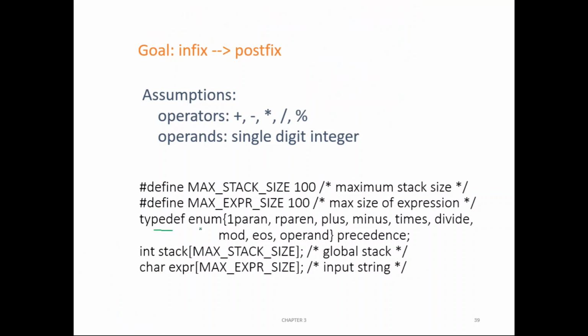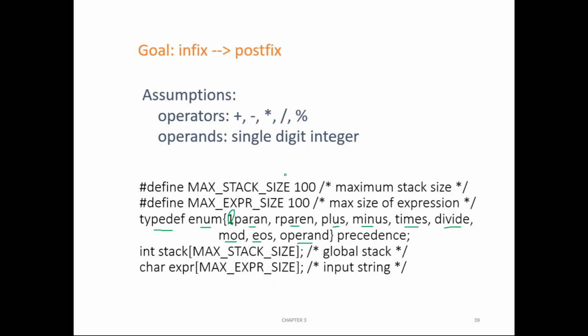Typedef enum contains, this is L, this is not 1. L stands for left parenthesis. So left parenthesis, right parenthesis, these are the names we are giving: left parenthesis, right parenthesis, plus, minus, times for multiplication, divide, modulo operator, end of string, EOS, and operand.